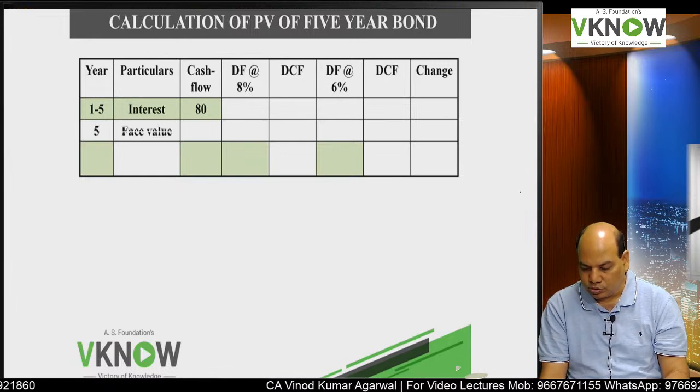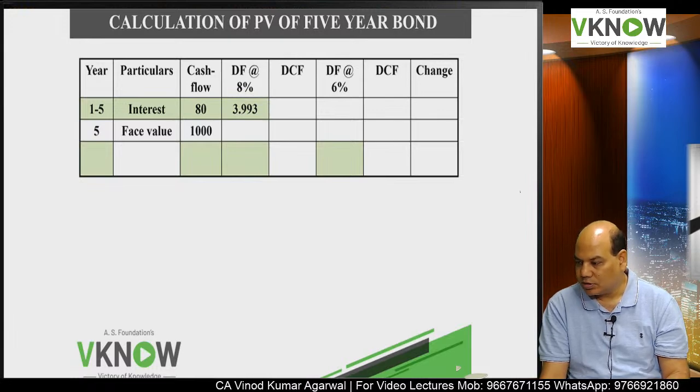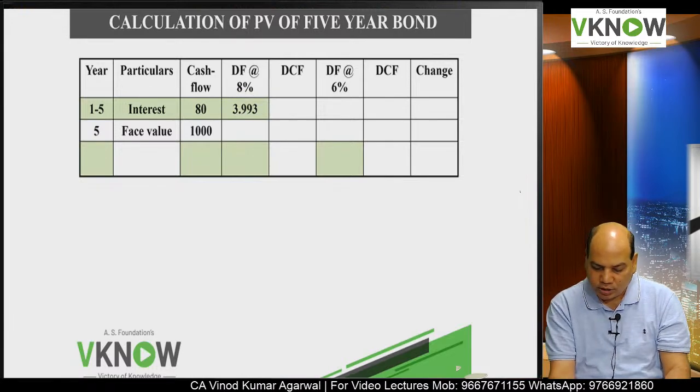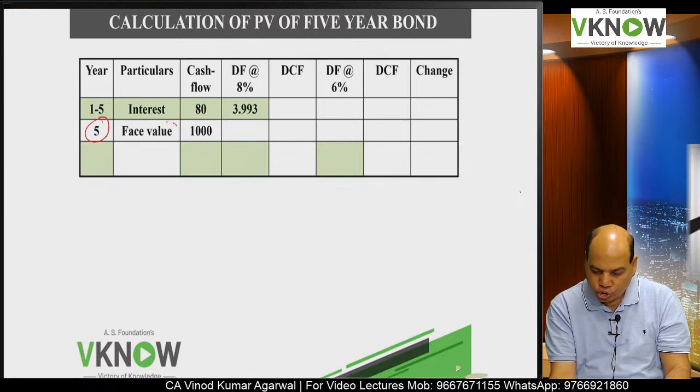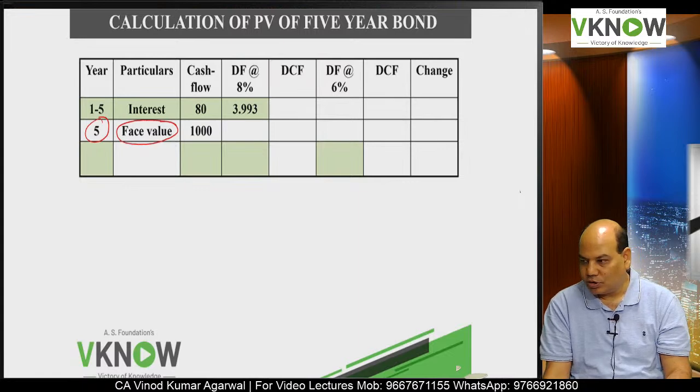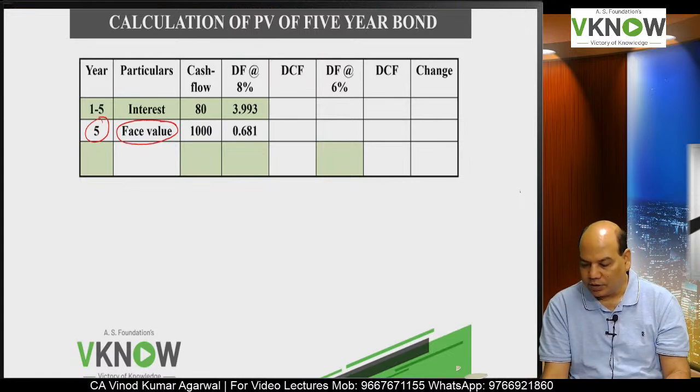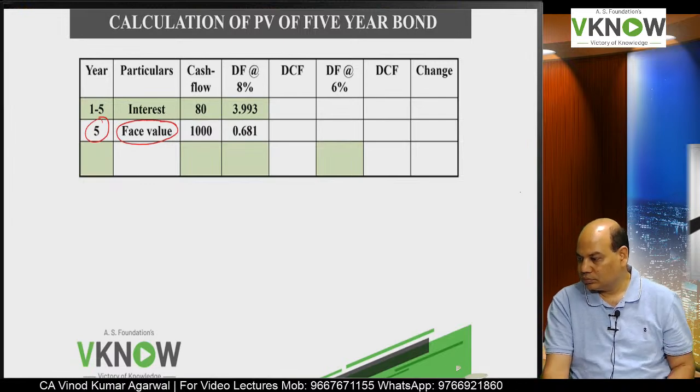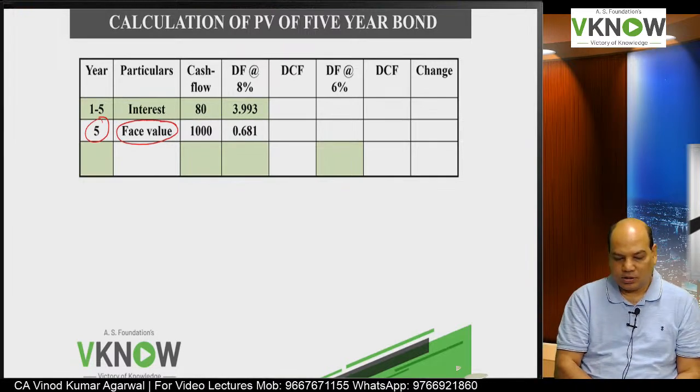So that will come to 3.993. Check the answer, 3.993. And in year 5, you will get face value 1000 rupees. Calculate the factor at 8% for the 5th year. So that is 0.681.